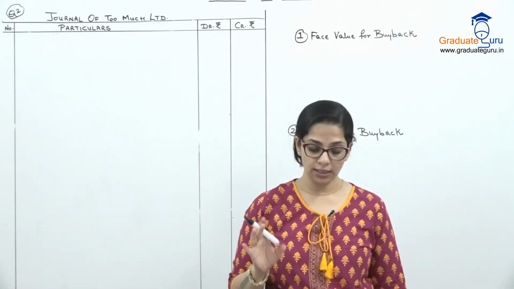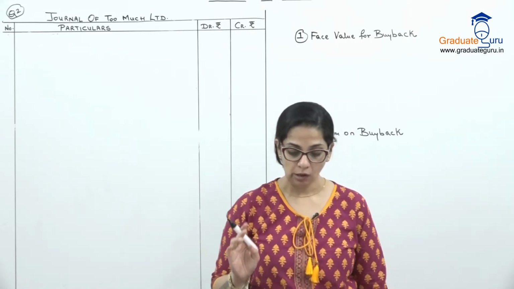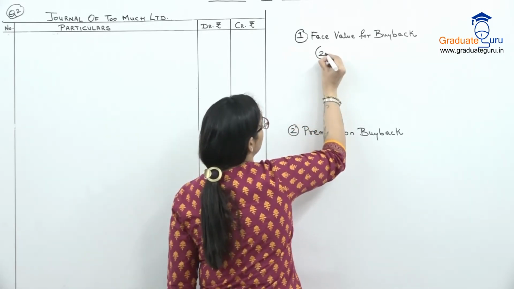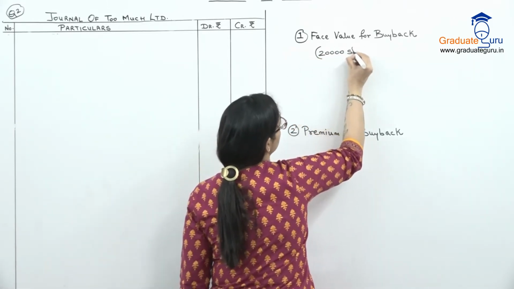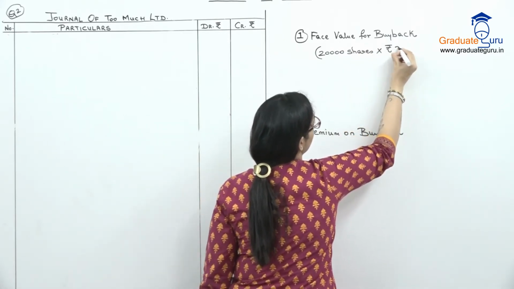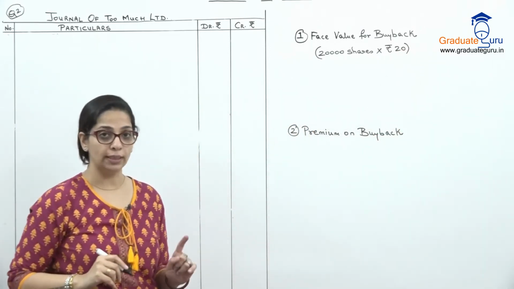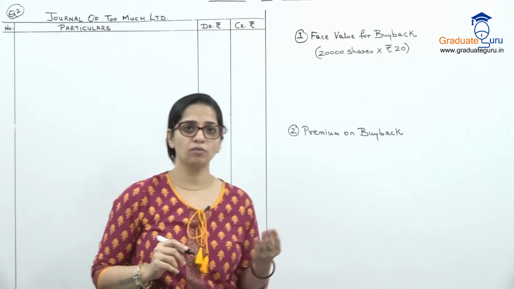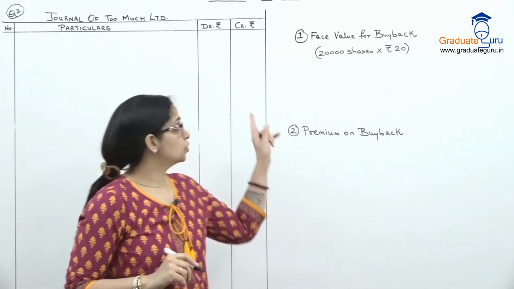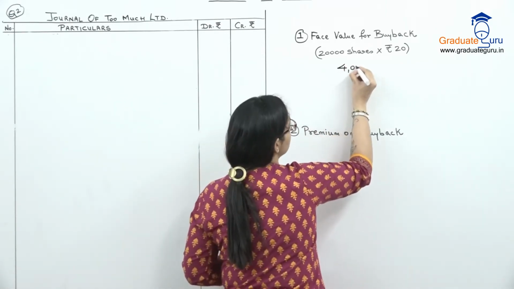They've already told us कितने shares हमें buyback करने हैं. 20,000 equity shares of ₹20 each. So 20,000 shares into ₹20. Okay, that is the face value only. Not necessary face value is always in multiples of 10. It could be 20, 50 also. So 20,000 shares into 20, that gives me 4 lakhs.